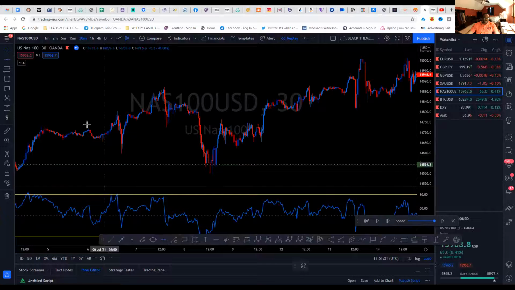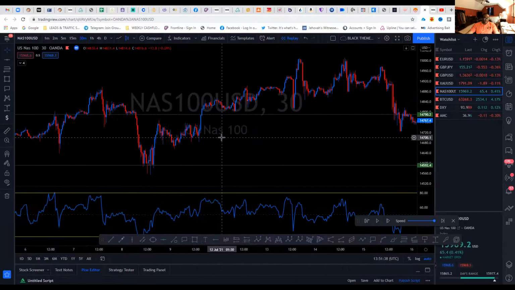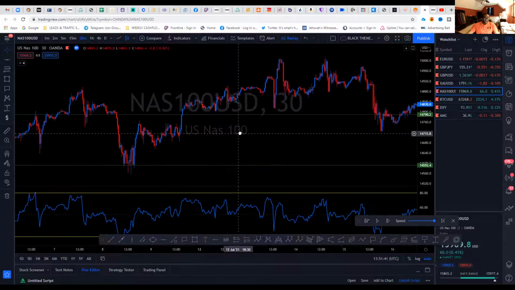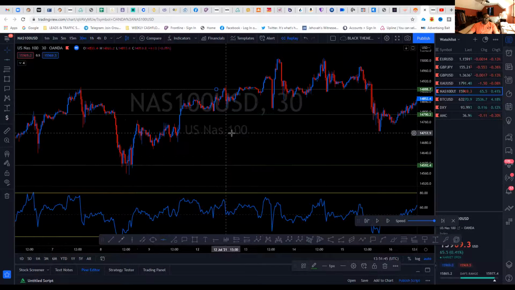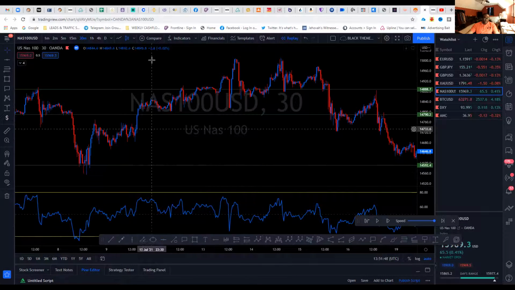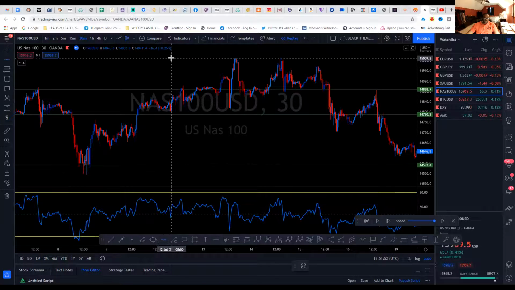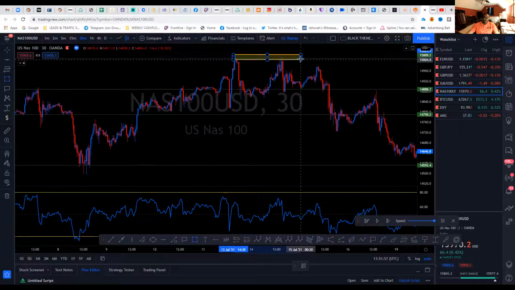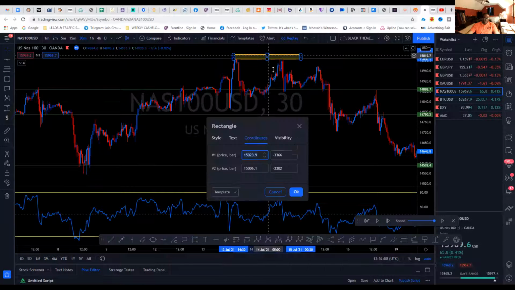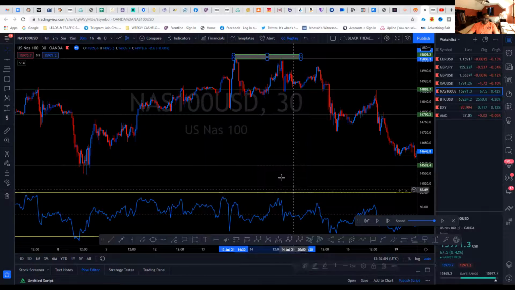And then ultimately, I have one here. Right here, definitely. One at the top here. So we're going to make this light green.